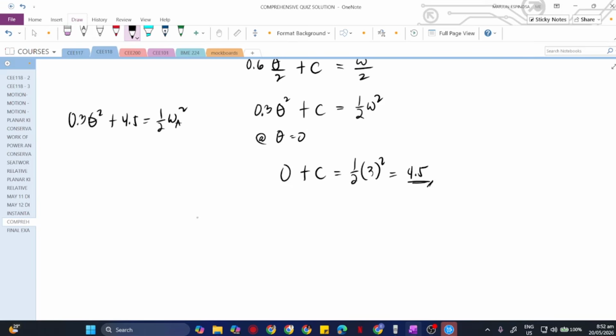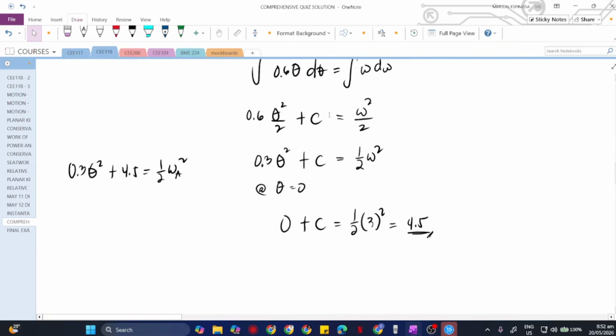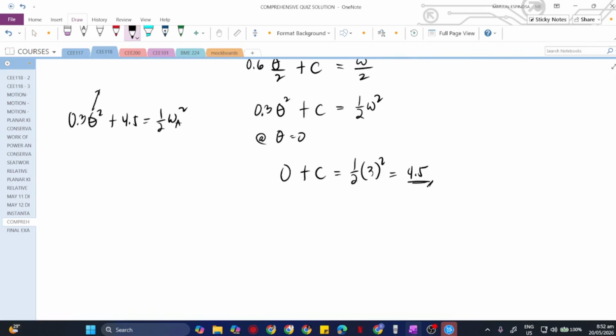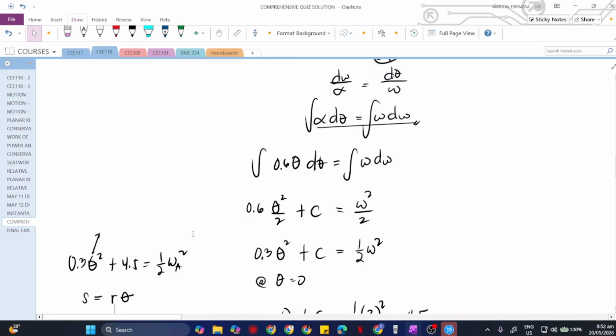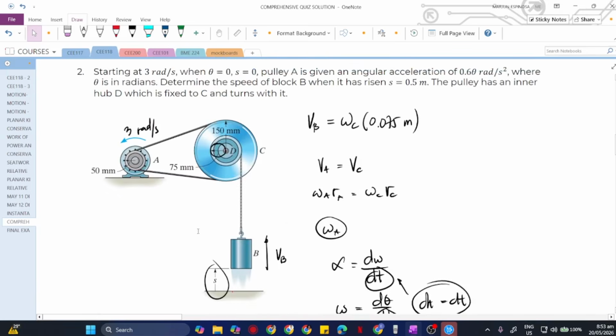Solve natin yung value ng ω. Okay? At the instant that nag-move na siya by 0.5 meters. So, to solve for the value of θ, we can use the arc length formula, rθ. So, paano natin yun i-solve yung rθ? Sandali, class.